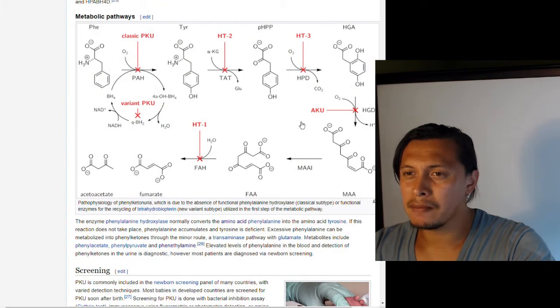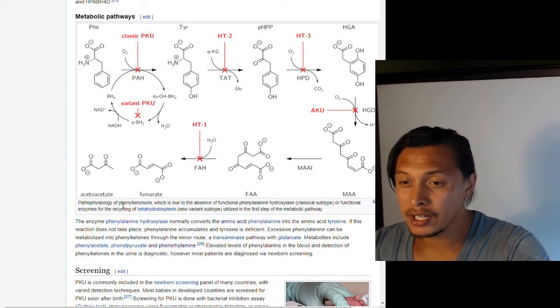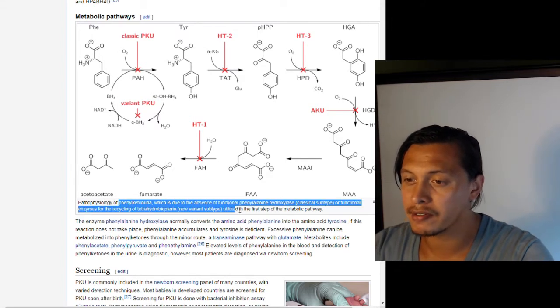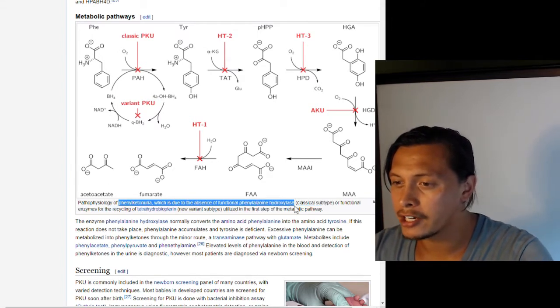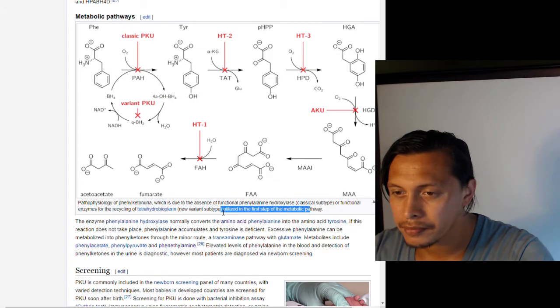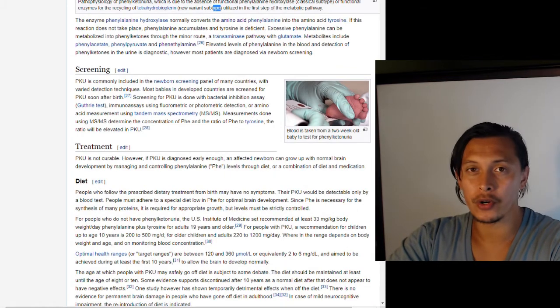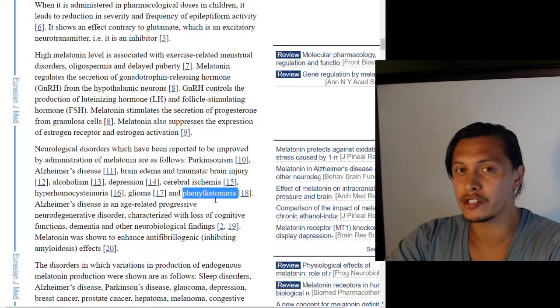Here's the pathophysiology of phenylketonuria, which is due to the absence of the functional phenylalanine hydroxylase. Okay, well, I won't be able to get everything for you. I apologize. Just know that this is one of the genetic disorders.